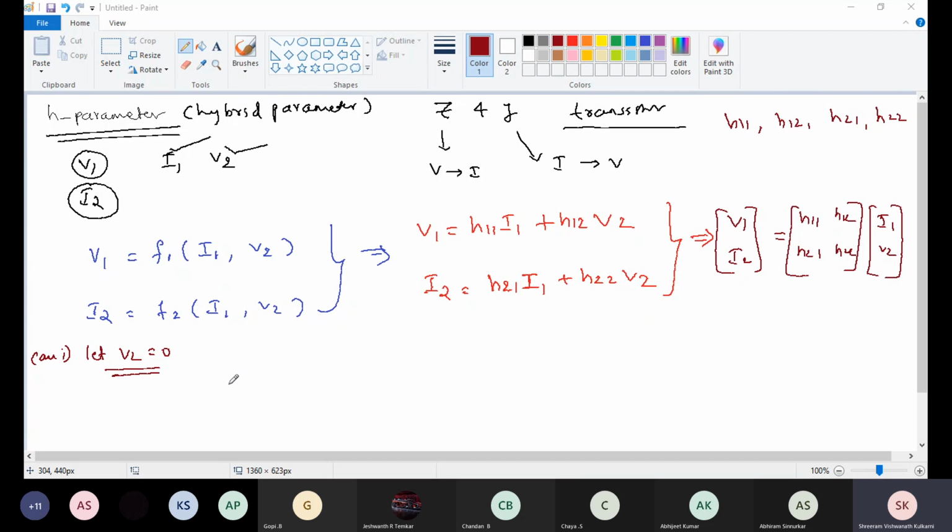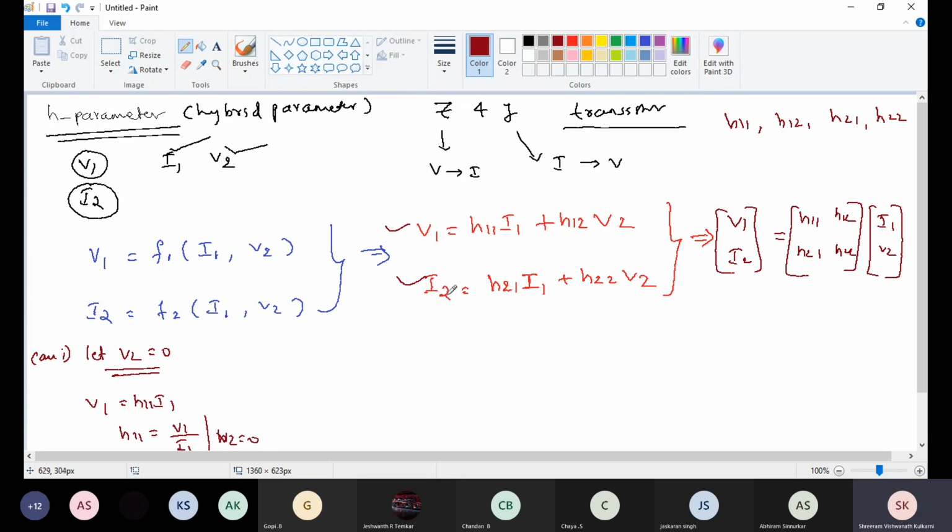Output voltage is 0. Does it mean open circuit or short circuit? Short. Yes, output voltage V2 equal to 0 means we are shorting the output terminal. Now I put V2 equal to 0 in these equations. I get V1 equals H11 I1, so H11 equals V1 by I1, where V2 equals 0.